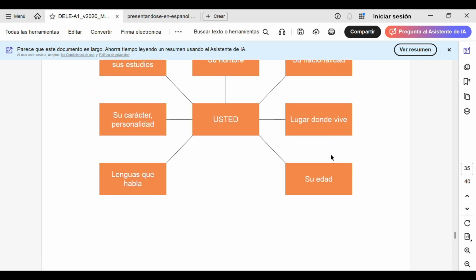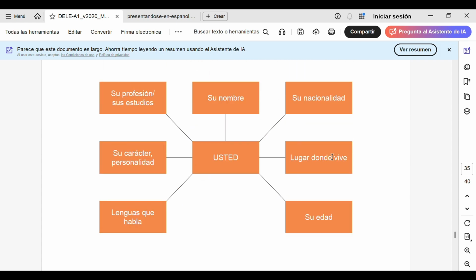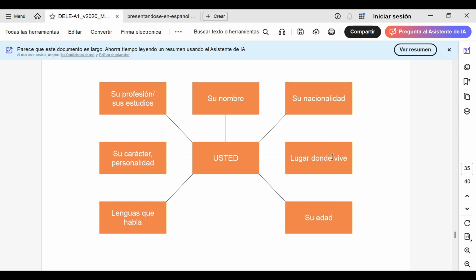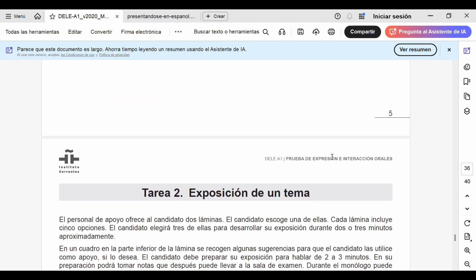So for the notes that you are taking in the preparation room, the amazing news is that you can bring those notes to the exam room. So you cannot read them, but you can take a look into the notes by some moments. So this can help you a lot. So please be organized with the notes that you are taking. Okay, great. So now, tarea 2.